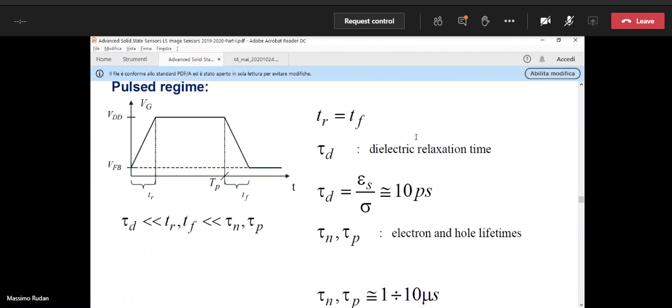Now, what are the lengths of the rise and fall time? They are much smaller than the lifetimes of the carriers, okay?